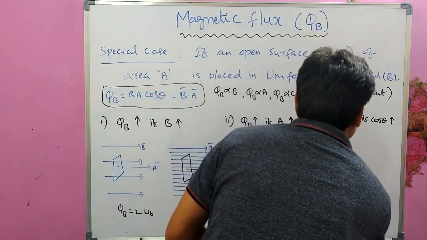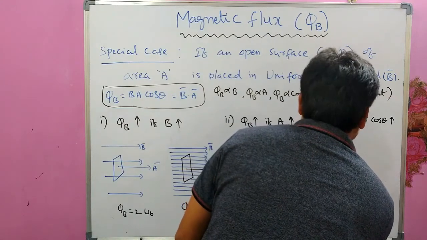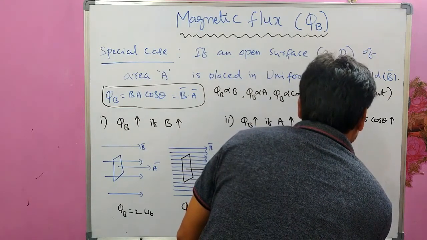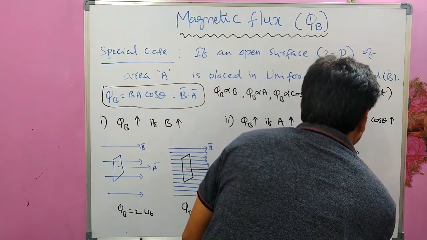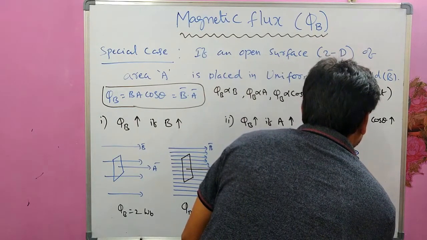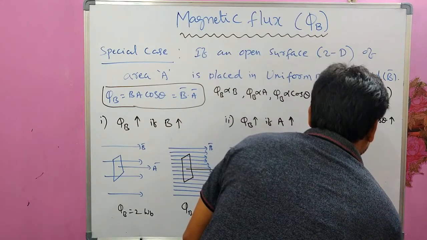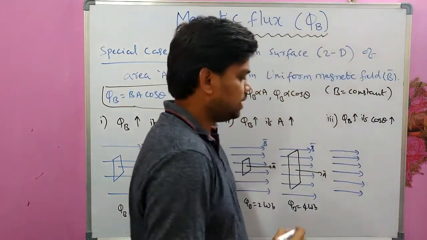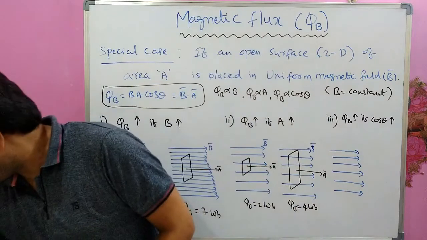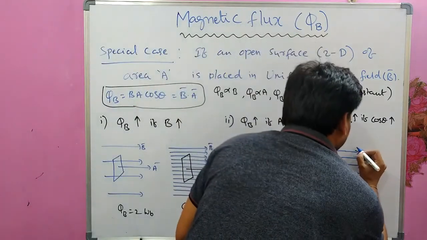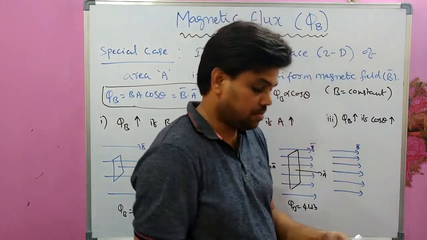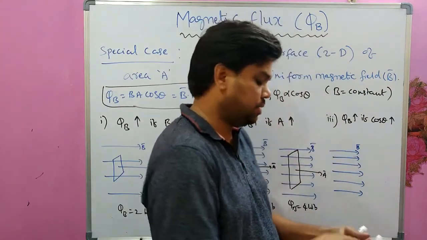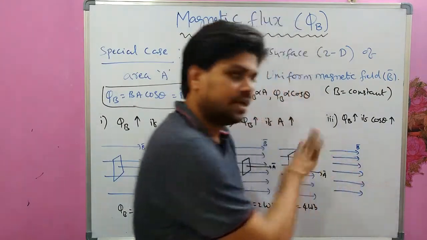So first thing, with the same magnetic field, I am doing this. Right? So this is the magnetic field direction. And the surface is also the same, but I am going to change the angle between the area vector and the magnetic field.